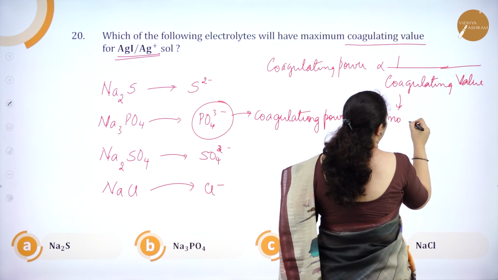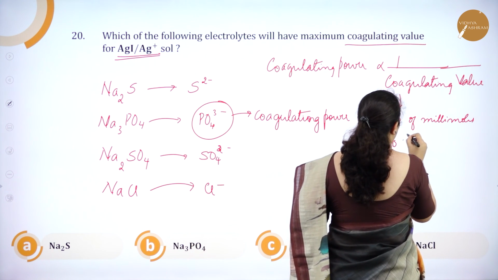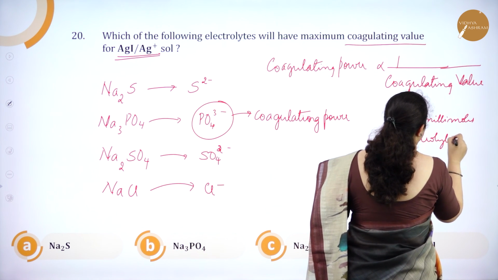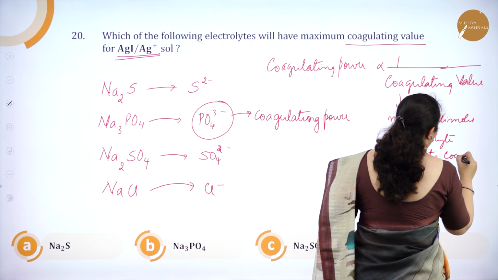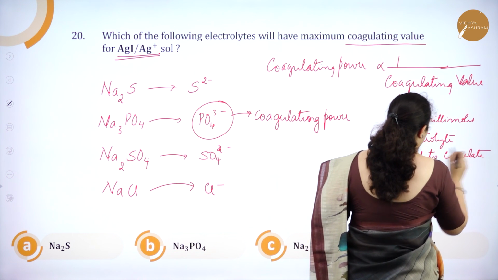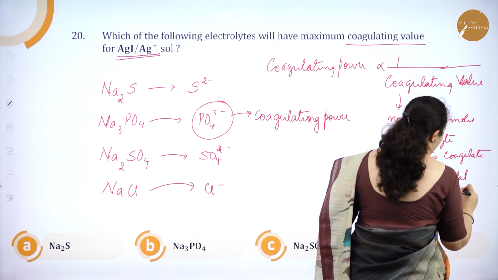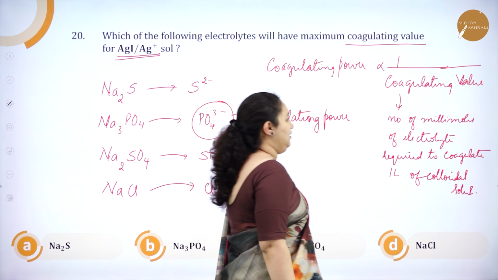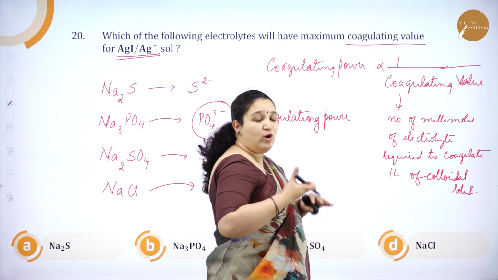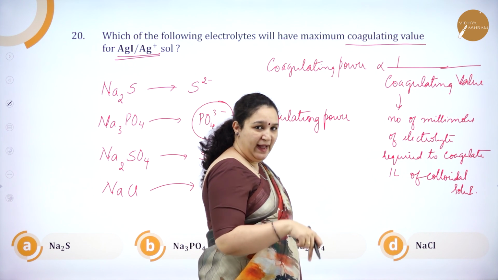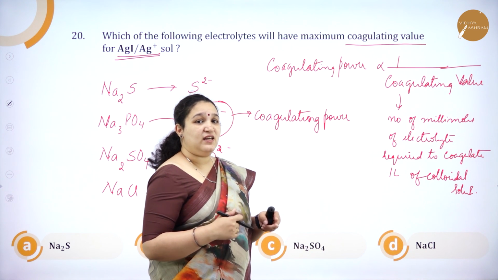It is the number of millimoles of electrolyte required to coagulate 1 liter of colloidal solution. That means, if the coagulating power is less, more of that electrolyte you have to add to coagulate a colloid. Correct? That is why they are inversely proportional.